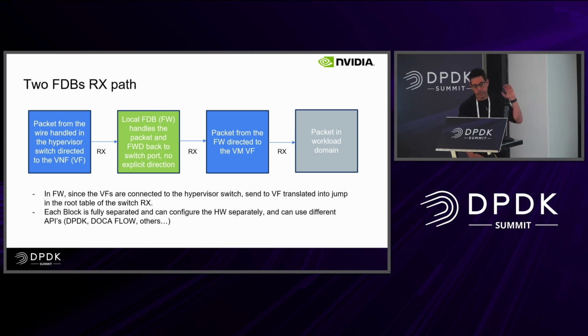So we maintain the direction, the entire direction, without flipping the packets anymore. We also made it modular, so that each component can be written separately by a different company, and the only one that should know about it is the orchestration that needs to put this local FDB together.